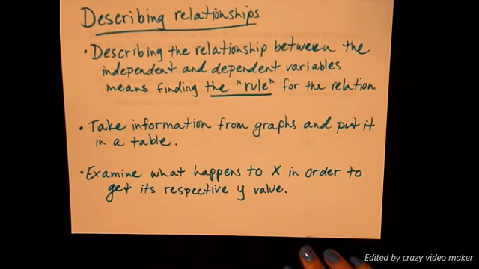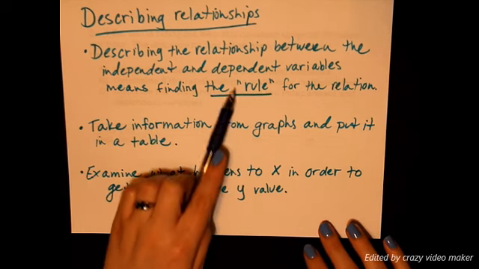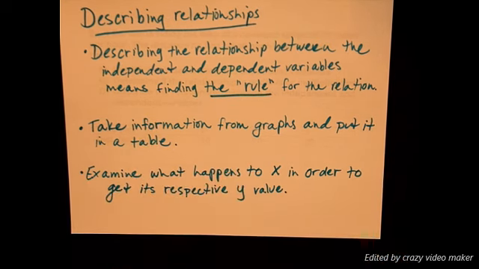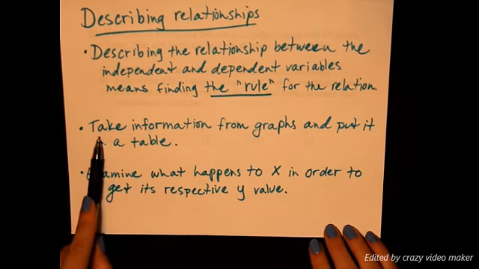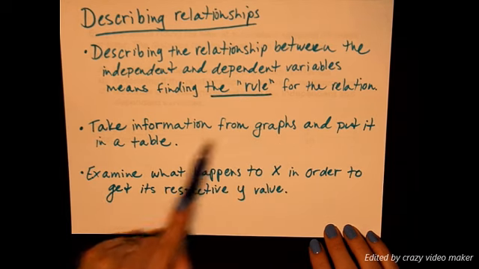And sometimes you will be asked to describe the relationship between the independent and dependent variable. When you are describing the relationship between the independent and dependent variables, you are actually finding the rule or the equation for the relationship. A key thing to do here is take information from graphs and put it into a table.